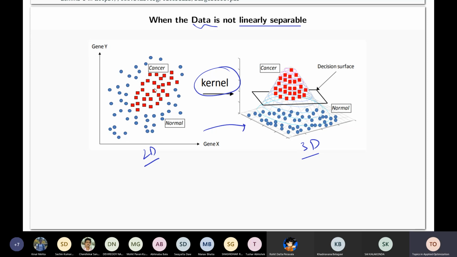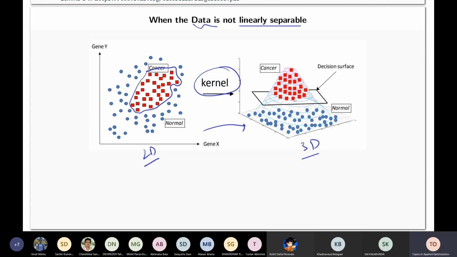But if I can somehow pull up this white data by some map, then I am again back to using a linear classifier. If I stick to the 2D case, then I have to work very hard to find a nonlinear decision boundary like this. If I restrict to 2D, then I have to come up with a nonlinear classifier.